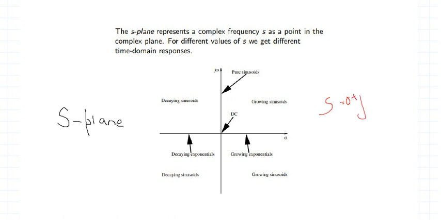So now if you observe this plot, this x and y axis, what is the x axis? The x axis is sigma, which controls the magnitude of the signal, and omega tells us about the frequencies in the signal, right? So this is the j omega axis. It's a plot of j omega versus sigma, and that's the reason we call it the S plane, right?